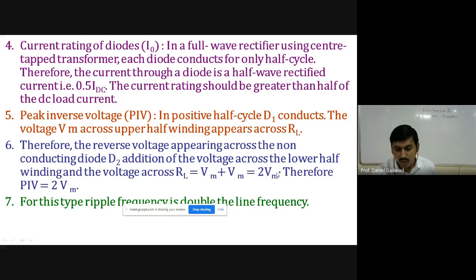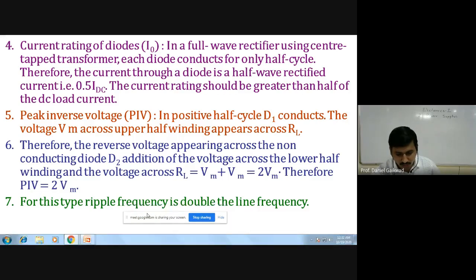So here we have 2 times Vm. So PIV, the peak inverse voltage, is 2 times Vm. Compared to the half wave rectifier, which has PIV of only Vm, in this case the peak inverse voltage is 2 times Vm. So PIV increases here.